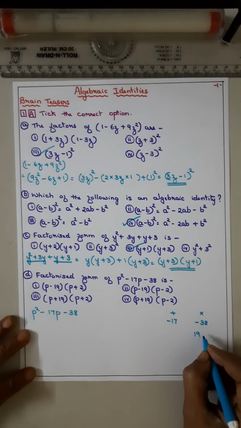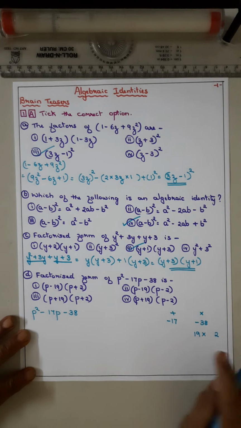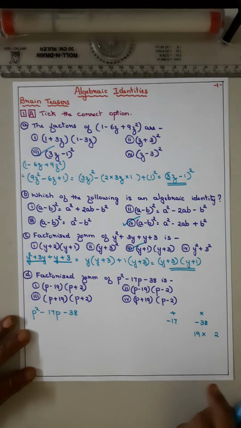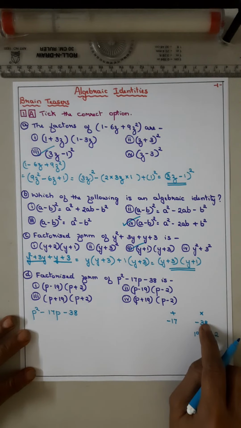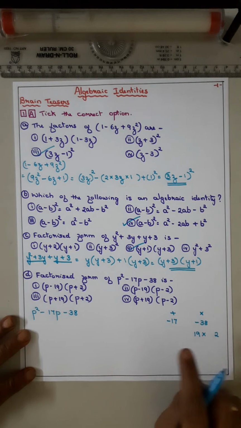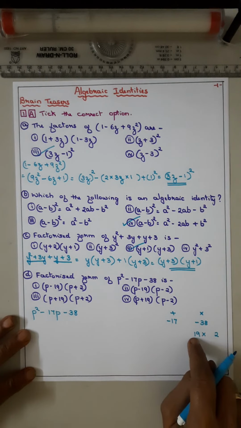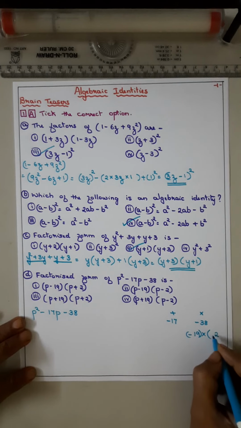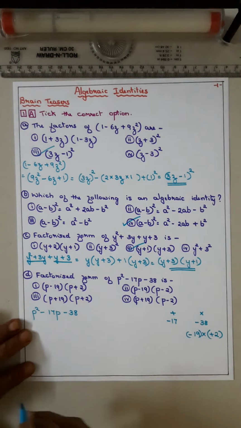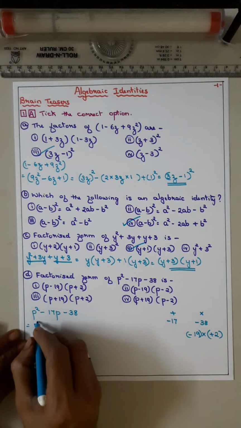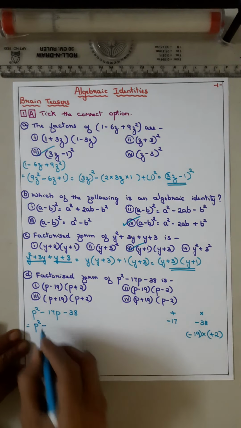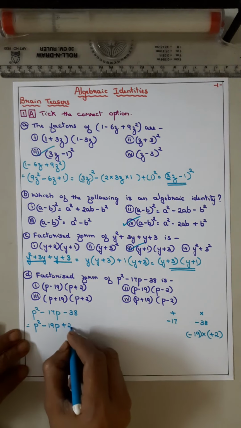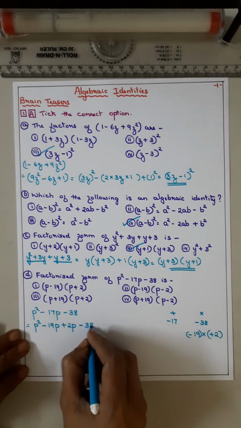It is 19 and 2. 19 2s are 38. 19 minus 2 is 17. अभी साइन इधर माइनस है तो अलग अलग साइन, इधर माइनस मतलब क्या है, बड़ा नंबर को माइनस डालो. सो इसका मतलब -19 एंड +2. सो इधर आप लोग लिखो p squared -17 you split as -19p and +2p and here it is -38.